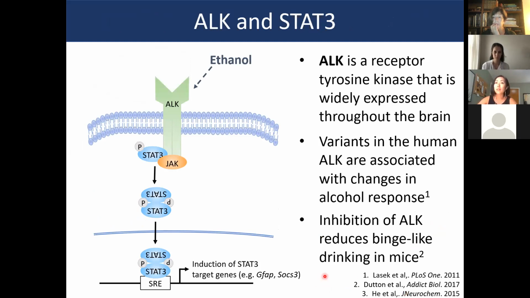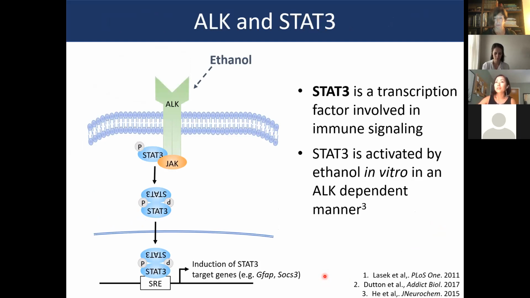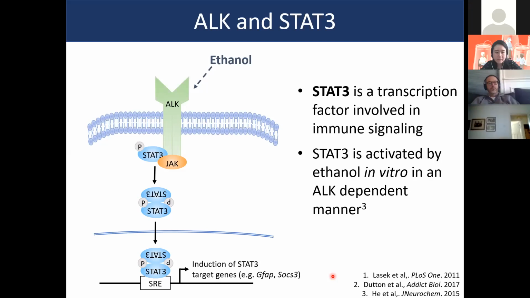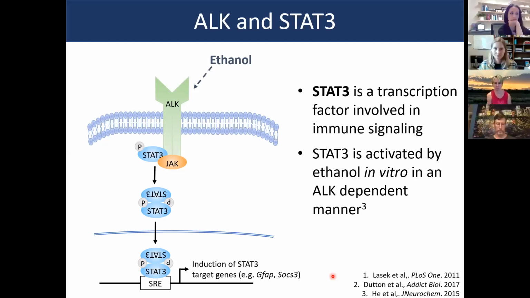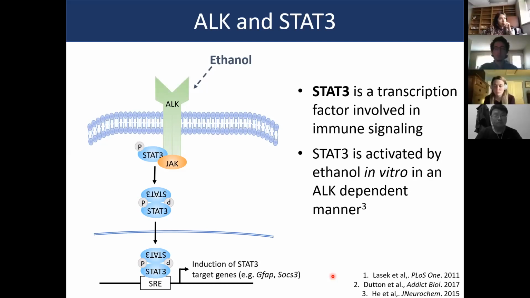One of the targets of ALK that we are focused on right now is STAT3, or signal transducer and activator of transcription 3. STAT3 is a transcription factor involved in immune signaling. Our lab and others have shown that STAT3 is activated by ethanol, and in vitro, our lab has shown that STAT3 is activated by ethanol in an ALK-dependent manner.